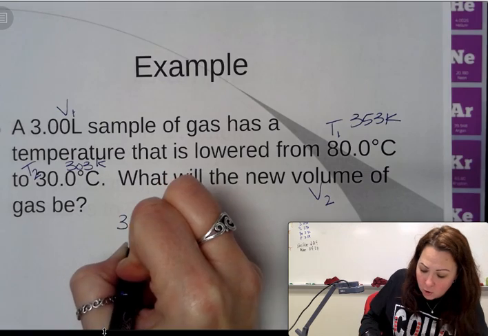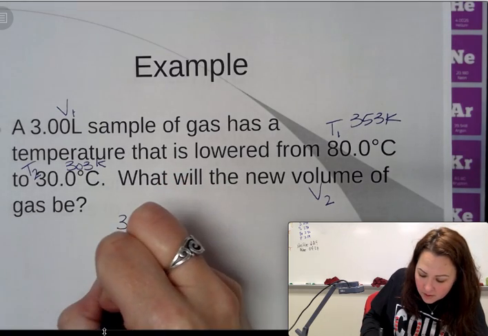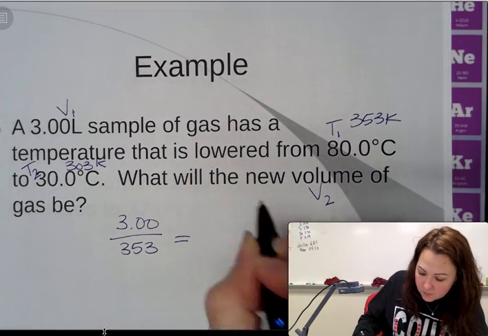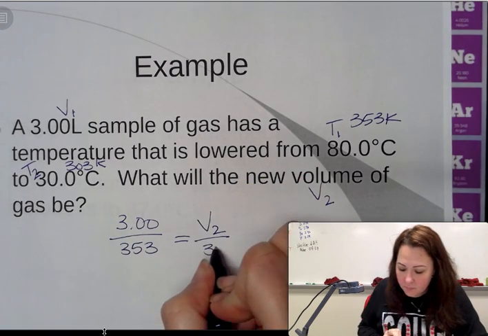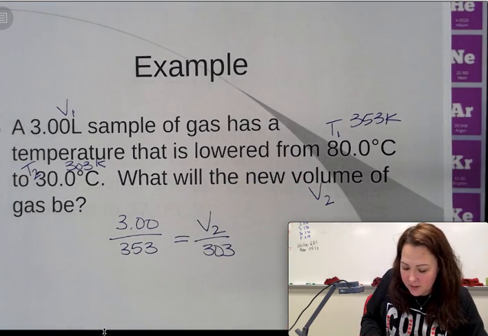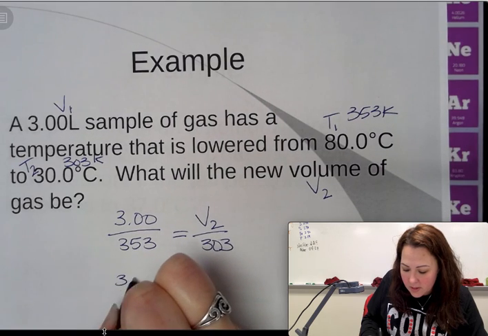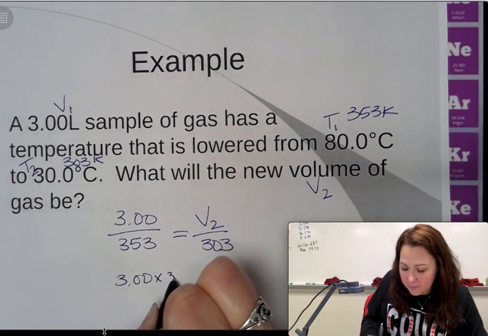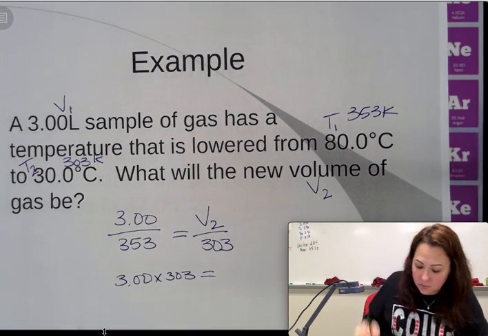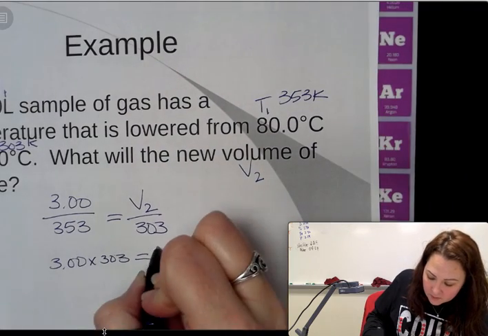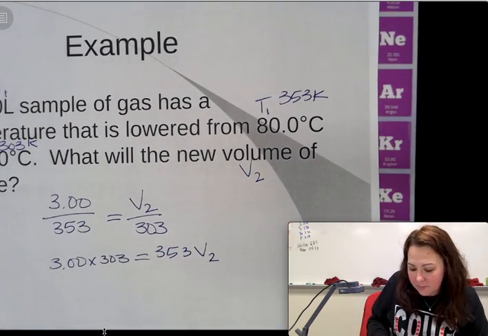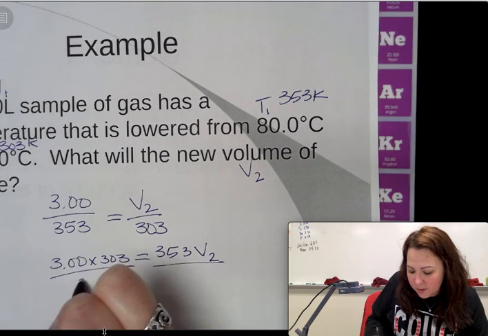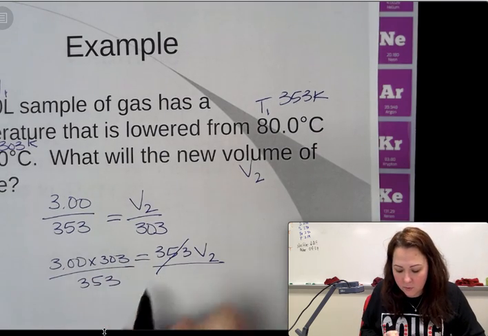V1 over T1 is equal to V2, I'm solving for that one, over T2. Again, I'm going to cross multiply. 3.00 times 303 is equal to 353 times V2. I'm going to divide both sides by 353 to get that to cancel, move it over.